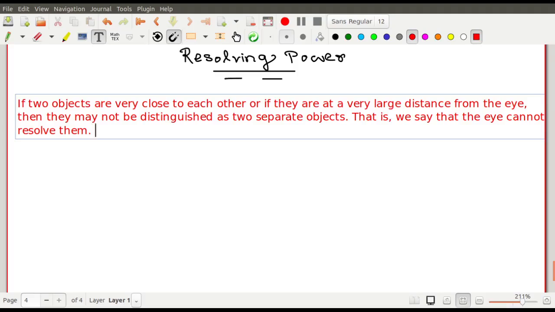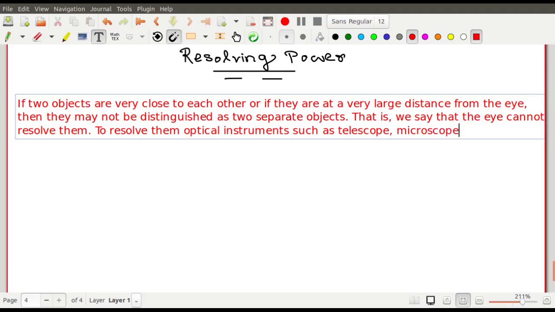And to resolve them, what do you need? Optical instruments such as telescope, microscope. You see that these are also used for magnification.